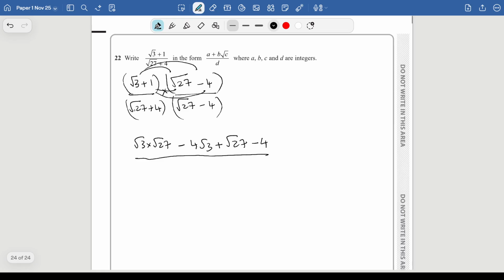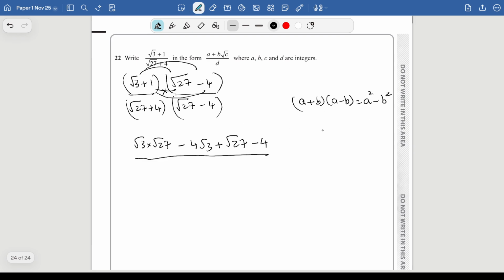Now in the denominator we have root 27 plus 4 times root 27 minus 4. So this is of the form a plus b times a minus b. Using the rule, this is equal to a squared minus b squared.